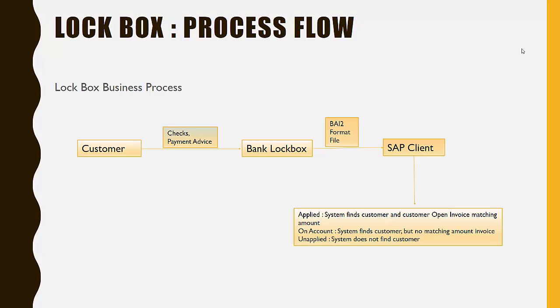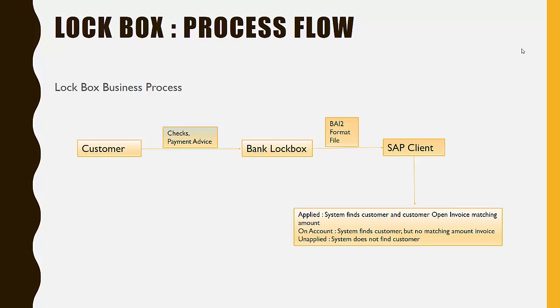Customers send a check along with the payment advice to this PO box number. The bank collects all these checks along with the payment advice, collects money for all these checks, and credits the money to the company.